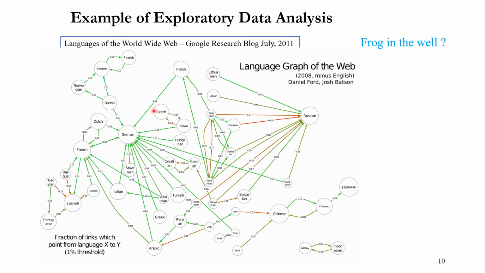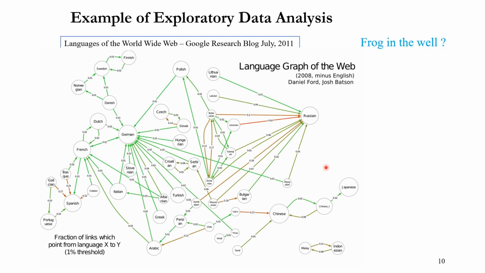If we have this edge here, that means many Polish web pages make reference to German web pages. And we have Chinese, Russian, etc.